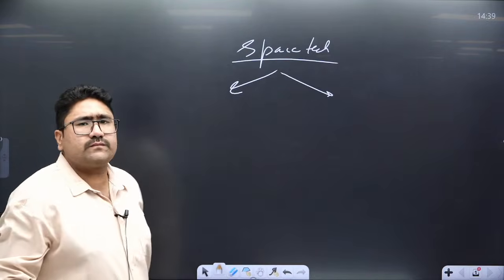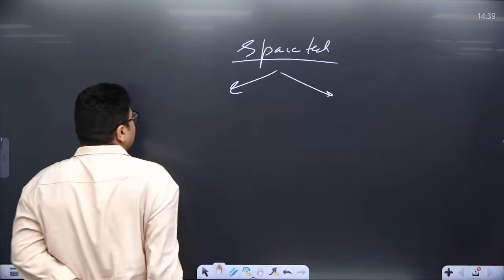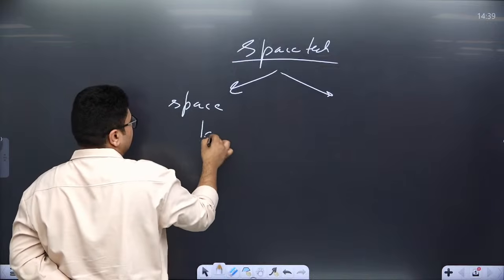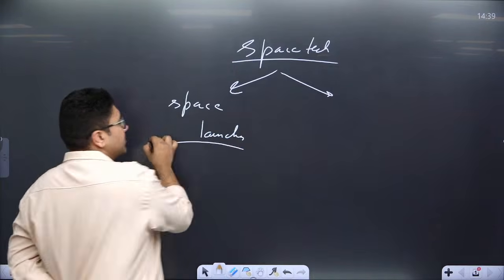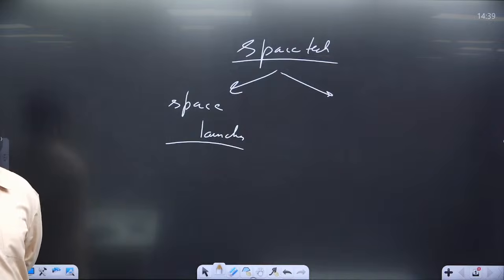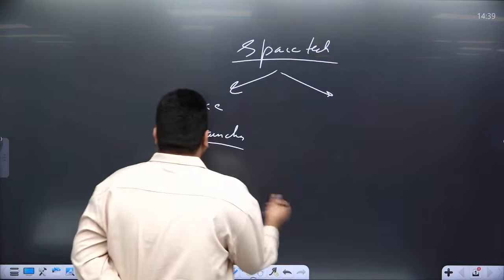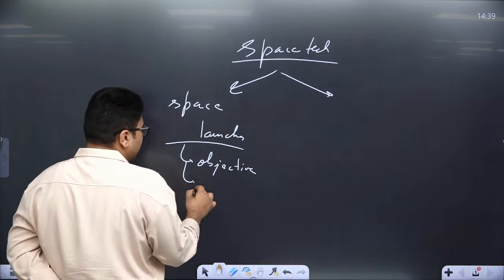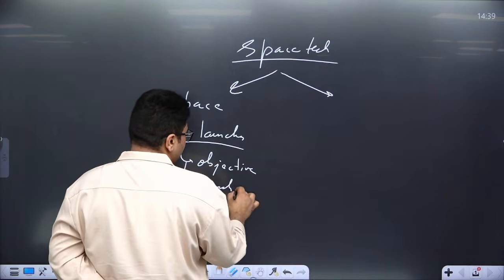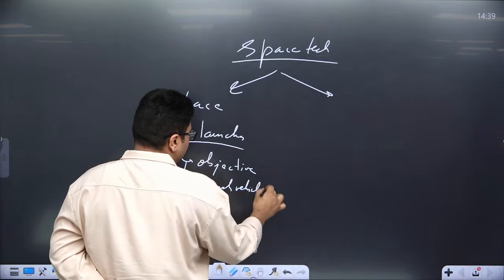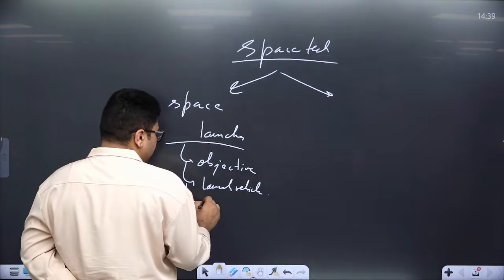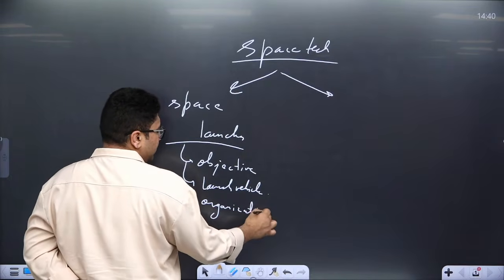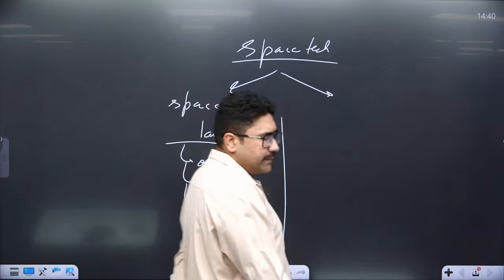One is about the different space launches that exist, then space launches, their objective, the launch vehicle, then the organization that is responsible for it. So that is one aspect in space.